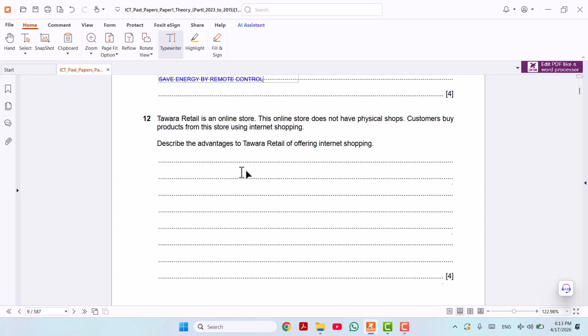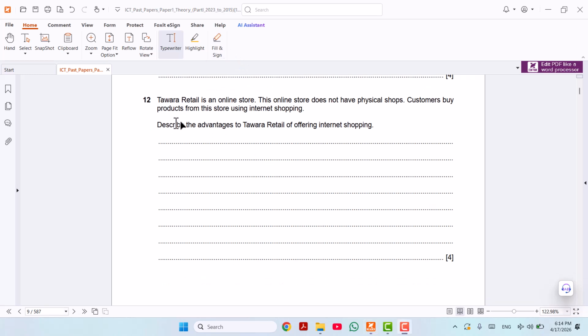Okay, it's good. Number 12. Here in question number 12, they're telling us Tuara Retail is an online store. This online store does not have physical shops. Customers buy products from this store using internet shopping. Describe the advantages to Tuara Retail of offering internet shopping.